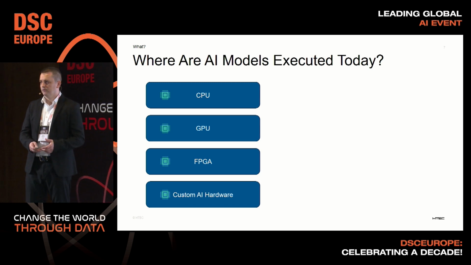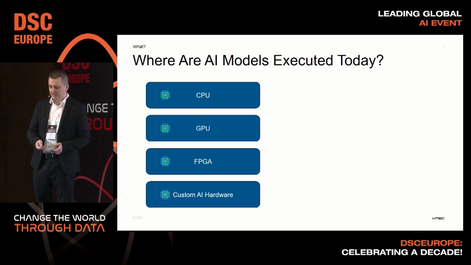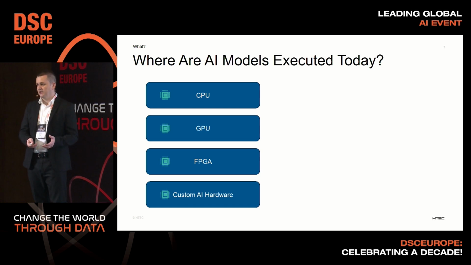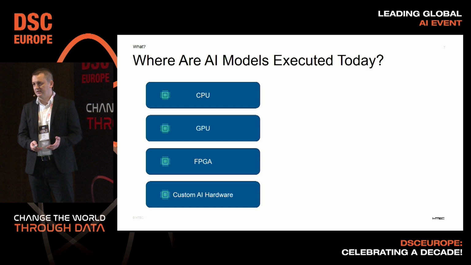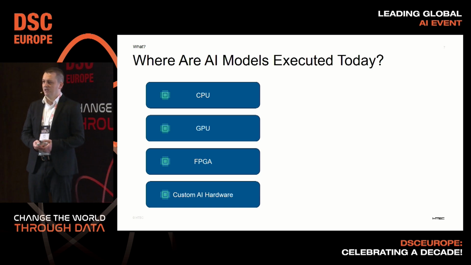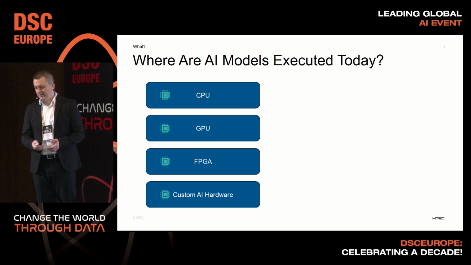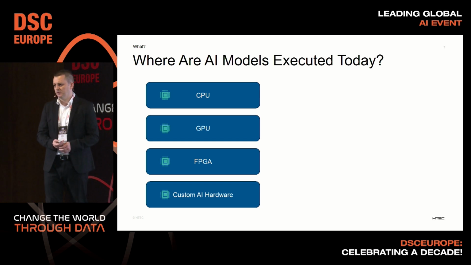Now, where all of those ML models are executed, one aspect that we want to check is the actual hardware. Besides CPUs and GPUs, the traditional hardware that was already present before this ML or AI hype, there were also FPGAs at that moment.